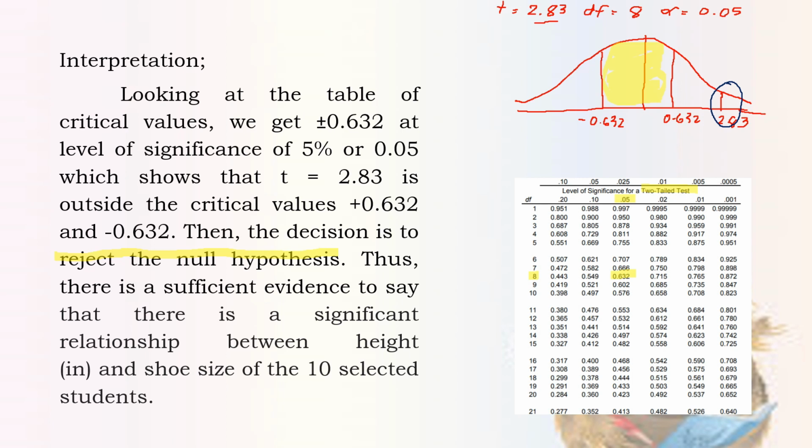Thus, there is sufficient evidence to say that there is a significant relationship between the height and the shoe size of the 10 selected students. That is how you solve the correlation coefficient. I hope you understand this one.